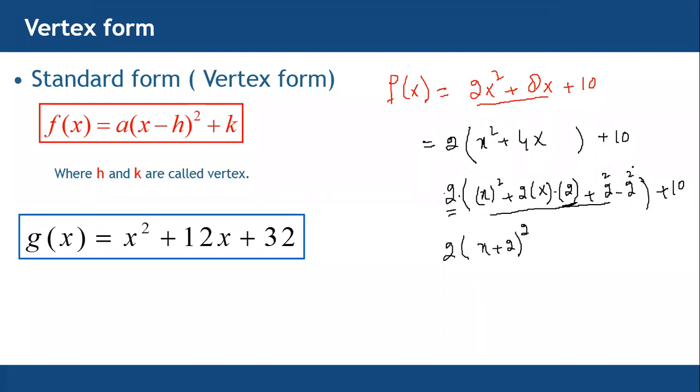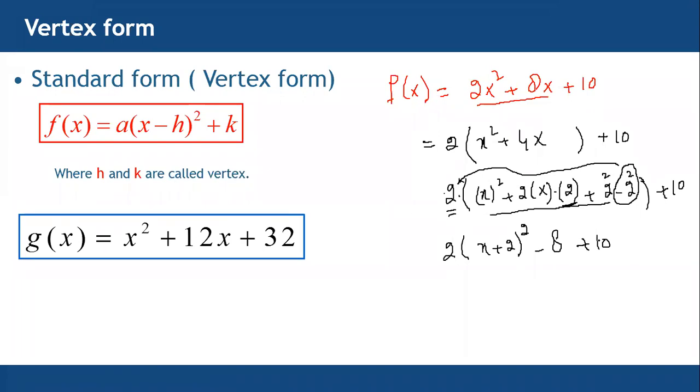Clear? Now we have minus 2 square left. But this is not actually minus 2 square, because this one already multiplies with this 2. Minus 2 square is 4, multiplied with 2 equals minus 8, and we have plus 10. Clear this one?